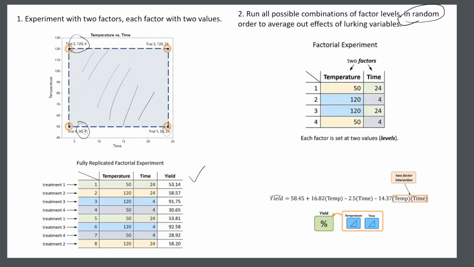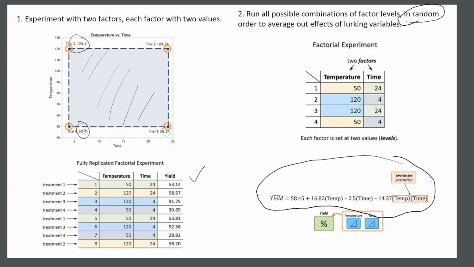So we do it like 50, 24, then 120, 4, then 120, 24, and so on, in random order, with each set having two values. In that way, we establish a relationship between how temperature and time vary and how that results in the yield. This is one way of conducting the full factorial design.